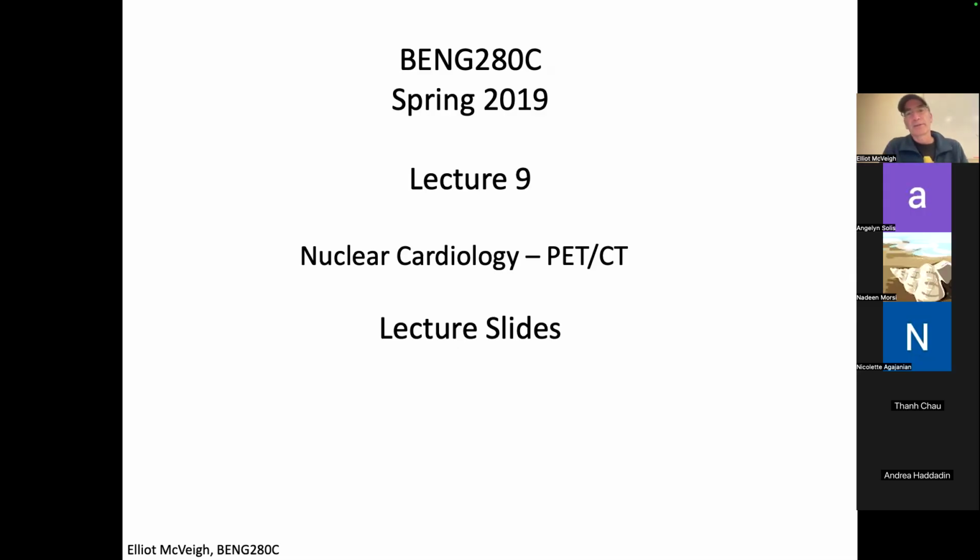PET offers an alternative to SPECT. It still uses a radionuclide. It uses radioactivity inside the patient to achieve a signal.